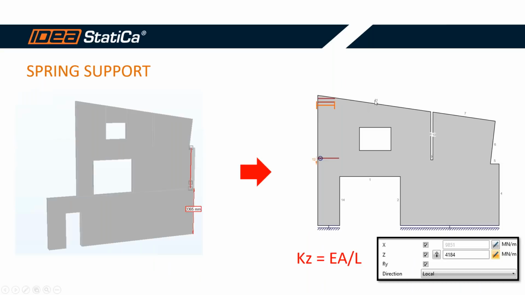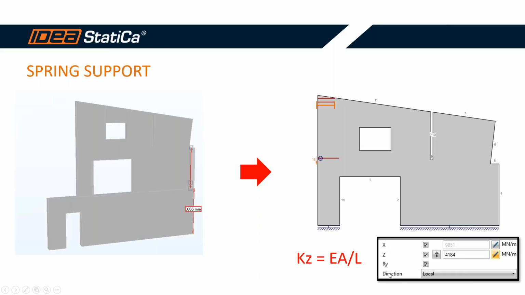At first, I would like to talk about the support. Here you can see that the wall is imposed on a second wall, so we can consider some stiffness of the wall. We know the height, and we know the equation for the axial stiffness of the wall.